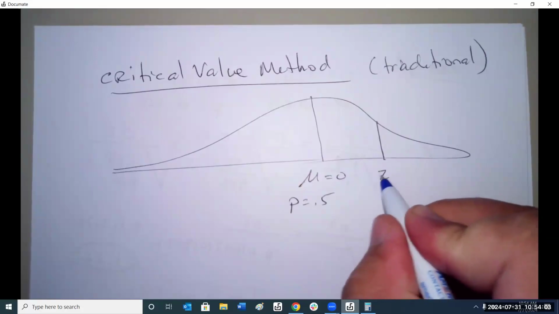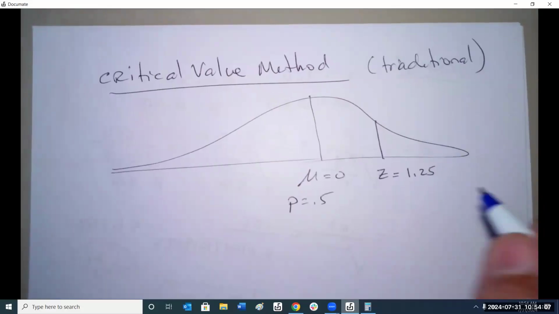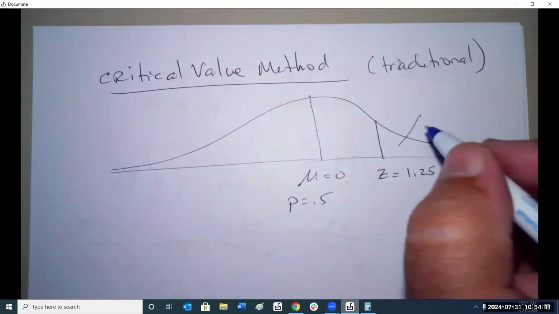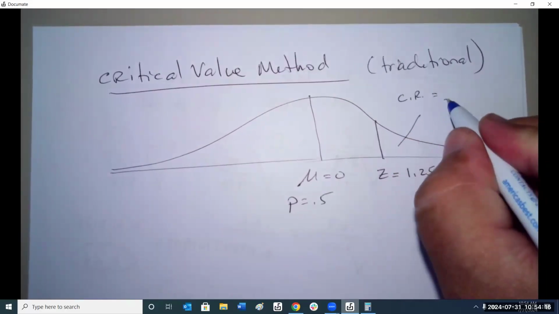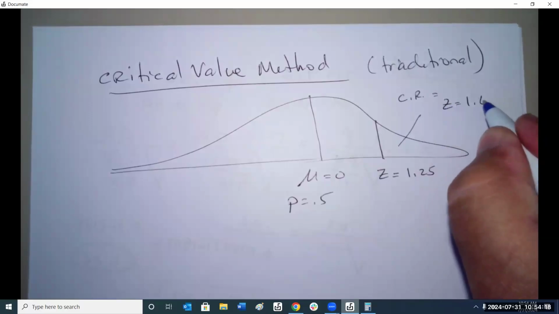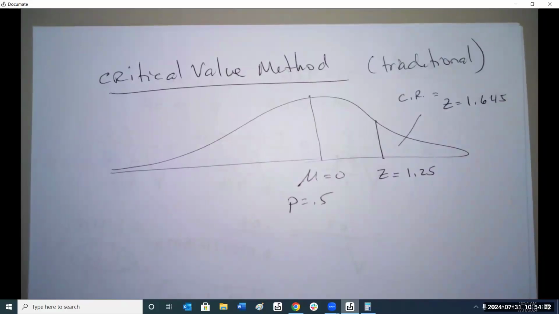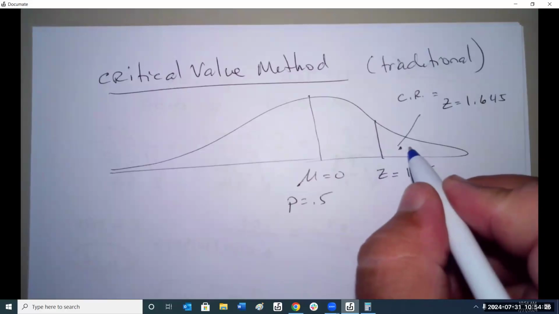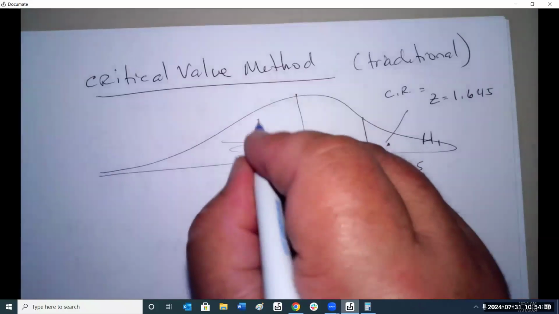And this is our critical value at 1.25. If in our test, this is our critical region, so if our value falls in the critical region, this is our H1, this is our H0.